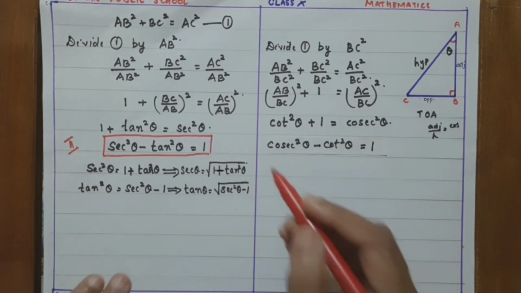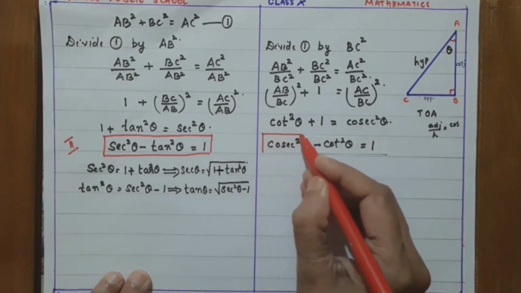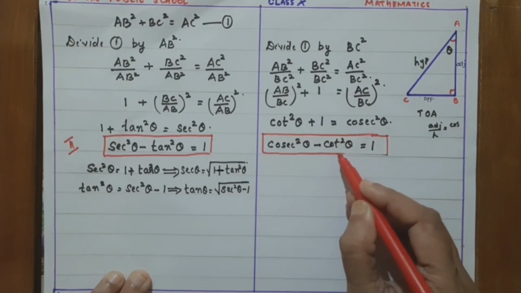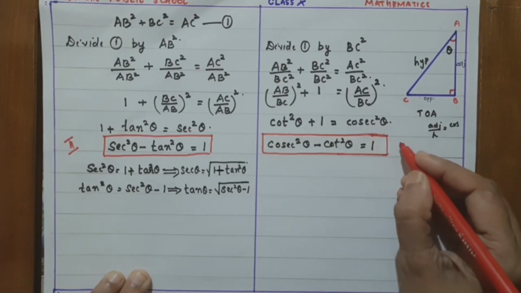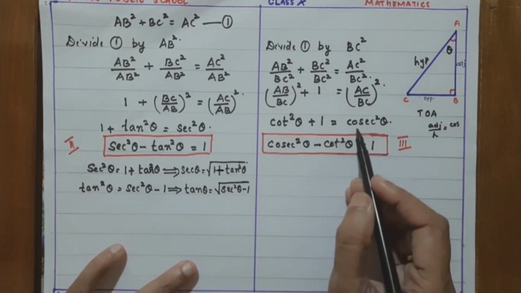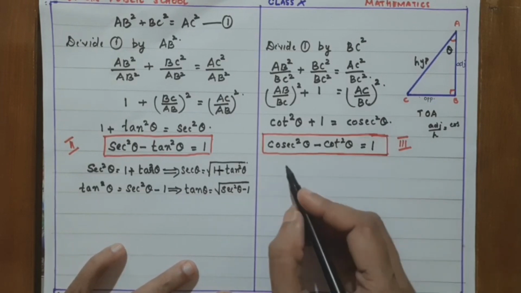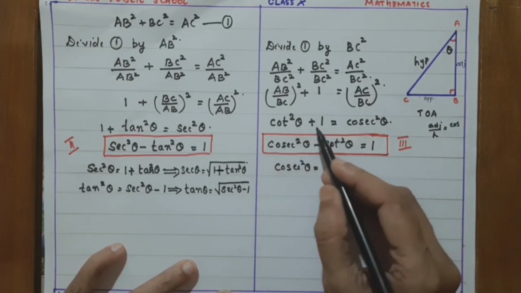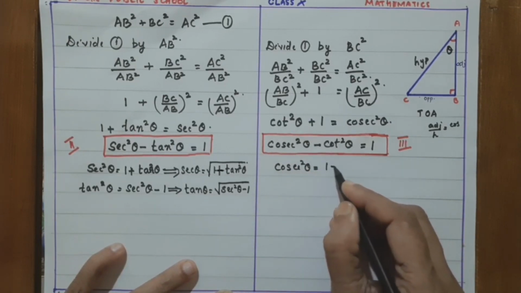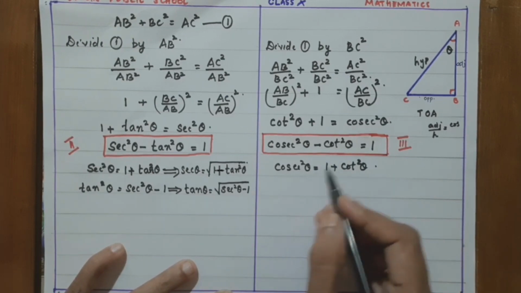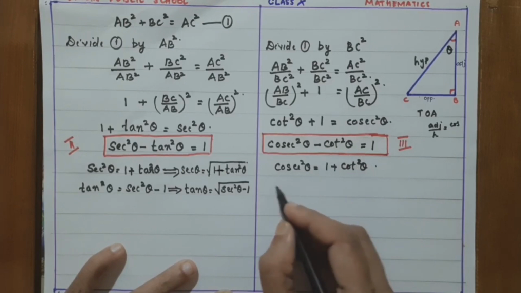Cosec square theta minus cot square theta equal to 1. Okay, children, this is the third identity. Now, from this we can get cosec square theta equal to cot square theta plus 1, or we can write 1 plus cot square theta. Now, what is cot square theta?